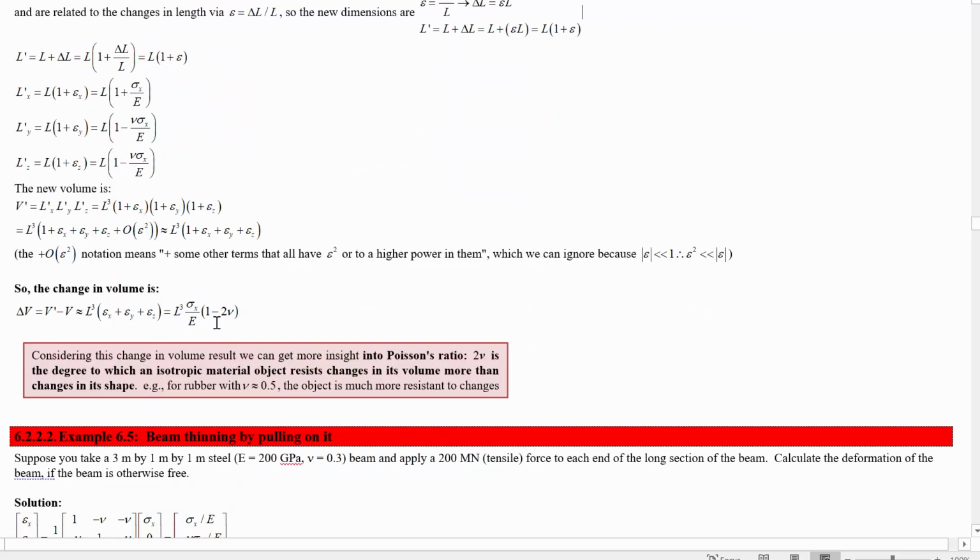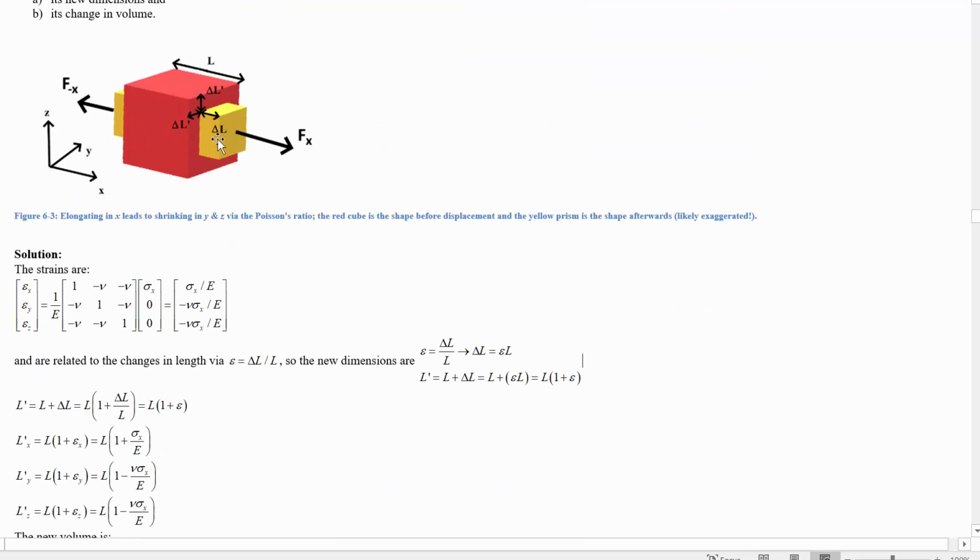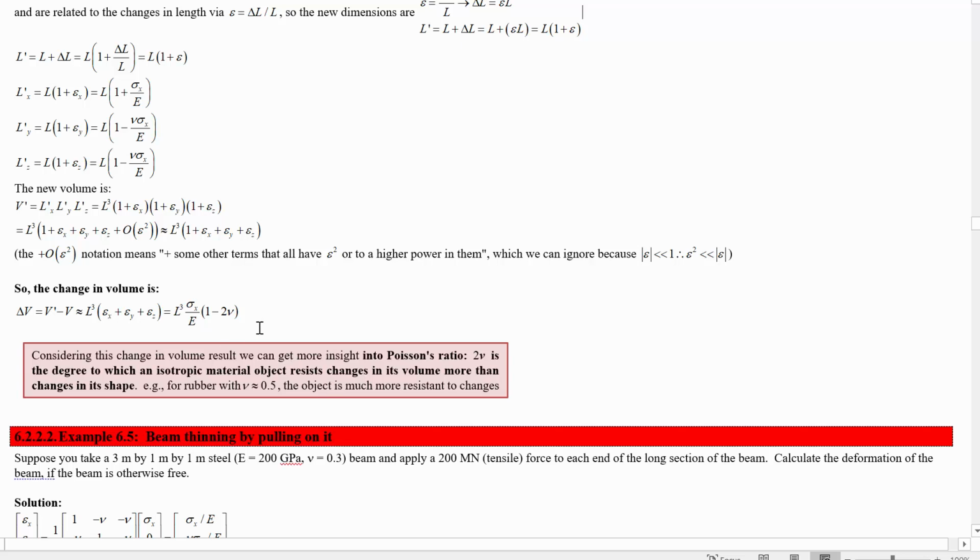But if nu is 0.5, the volume change is 0, right? This goes to nothing. It means that when you pull on it in one direction, it compresses in the other directions by just enough, by half as much, in a way that perfectly preserves volume.